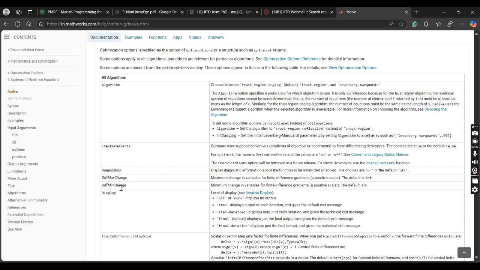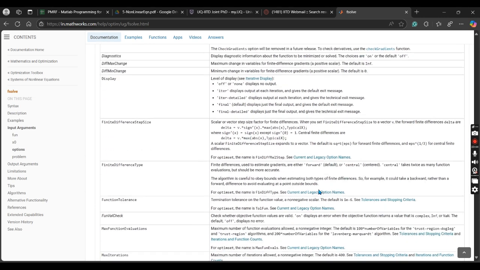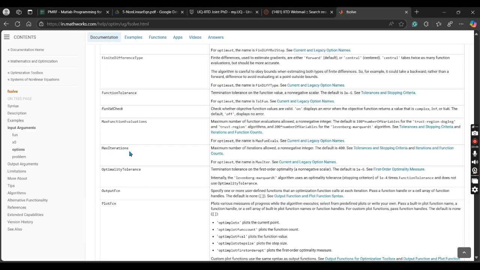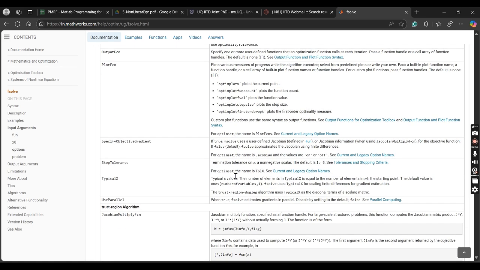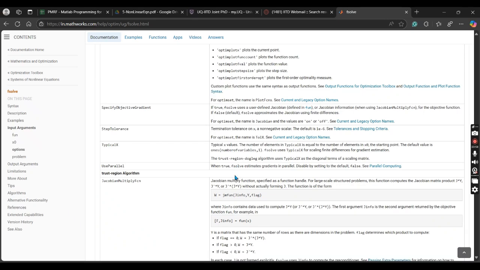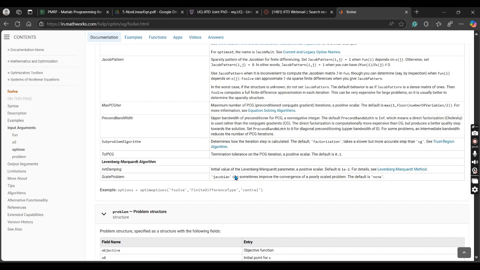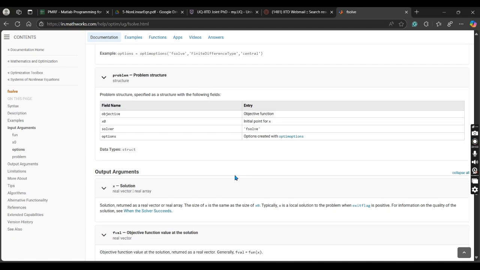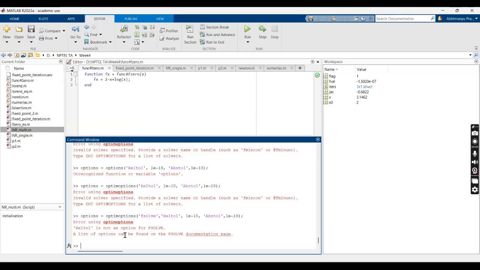We have the gradients, max change, min change, things like that. We have the max number of iterations, and then we have this optimality tolerance that we can edit. So there is no abstol and reltol in fsolve; those are in the ODE45 solver. I got confused with the two.